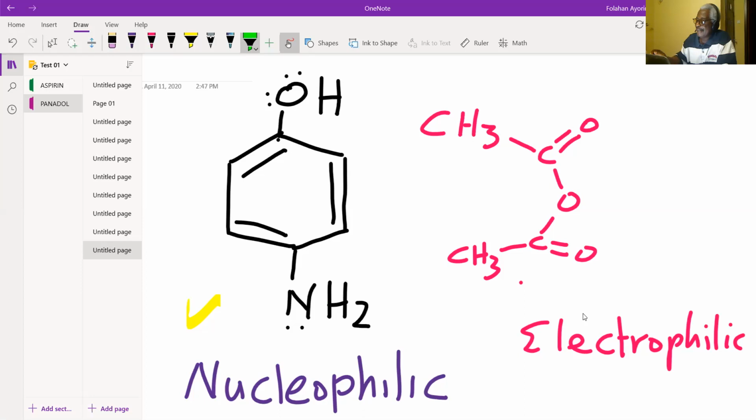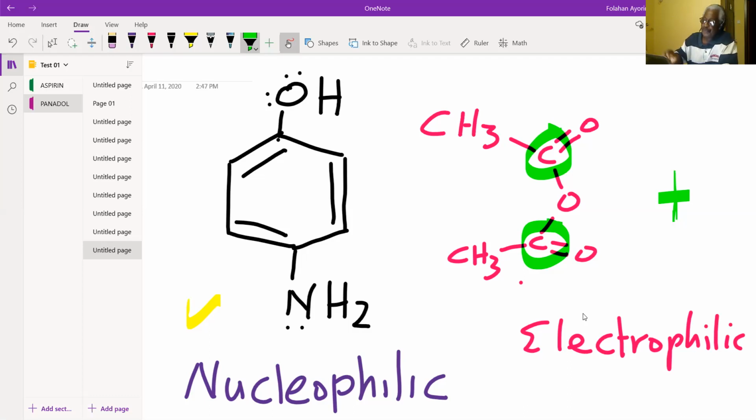This carbon here is electrophilic, and this carbon here is electrophilic. And what do we mean by that? We mean that those carbons, due to resonance, could develop a positive charge or character, be positively charged. And as such, they will be willing to attract a nucleophile, in other words, a species that contains electrons.